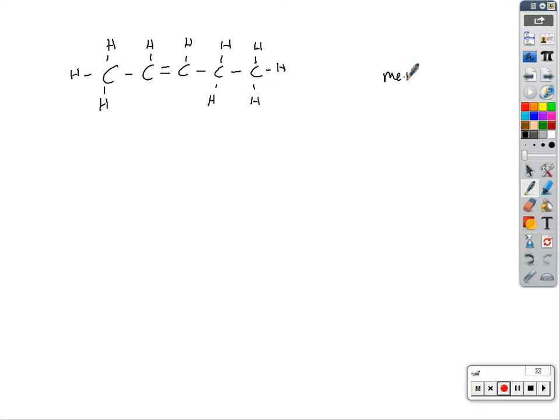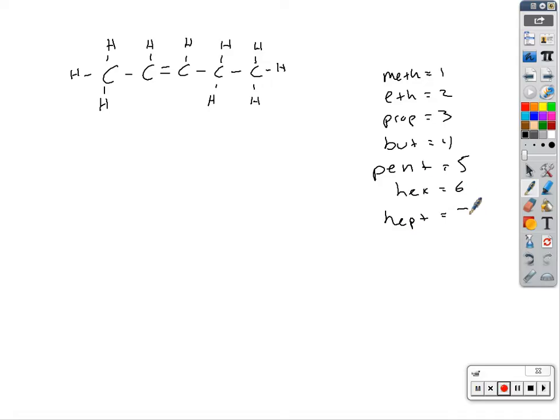Meth is 1, eth is 2, prop is 3, but is 4, pent for 5, hex is 6, hept 7, oct is 8, non is 9, and dec is 10.